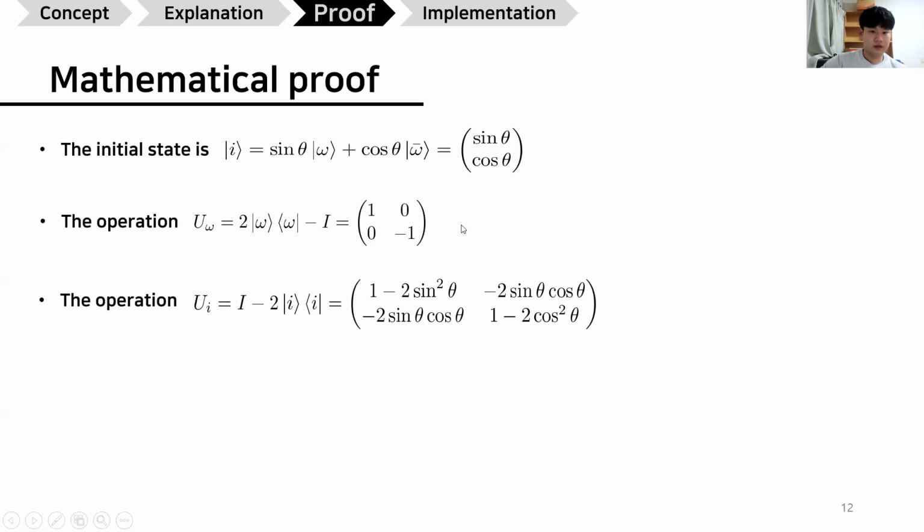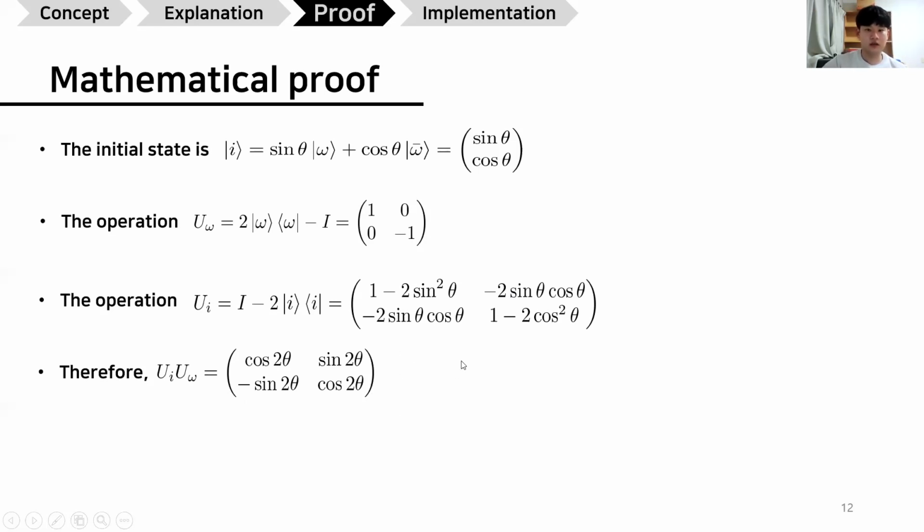With a little bit of calculation, you can get this form. And Ui times U omega is this matrix. As I mentioned, this is just a rotation matrix.